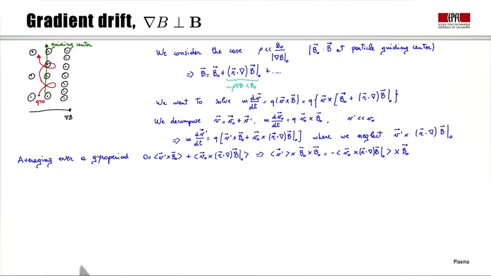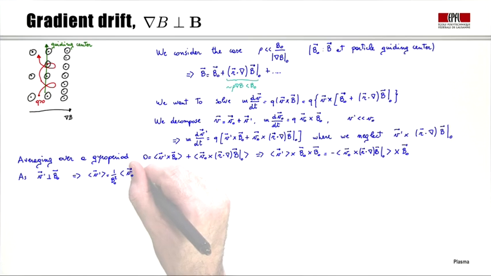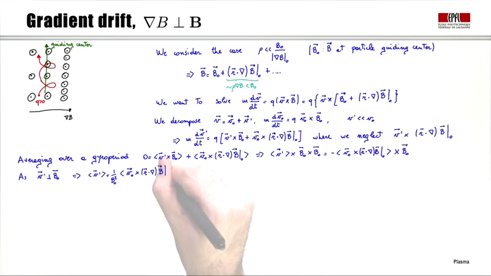Now, as V prime is perpendicular to B0, this double cross product can be solved as we've done for the case of the E cross B drift. And as I was saying, the average of V prime will be equal to 1 over B0 squared, B0 cross R dot grad B0 still crossed with B0.